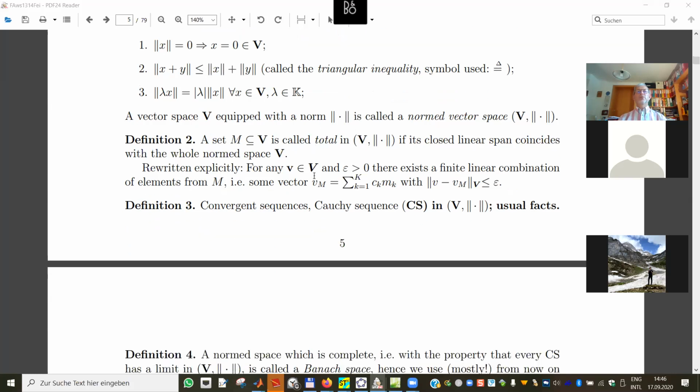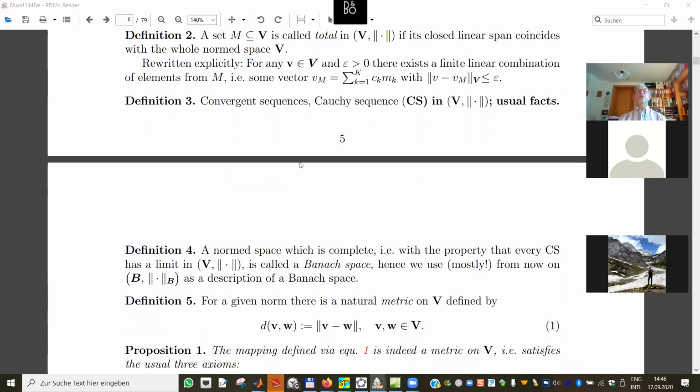Now, since we have already here the main definitions, let me go through this definition also. What is a Cauchy sequence in a normed vector space? It says usual facts. I will expand this definition. I'm just saying it in words first.